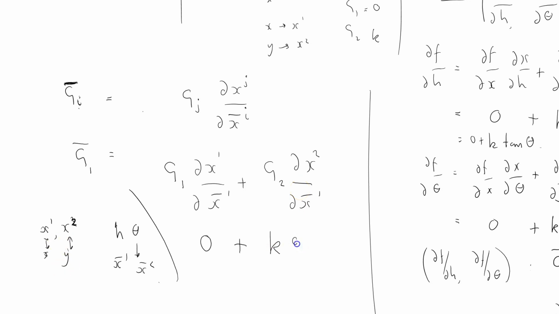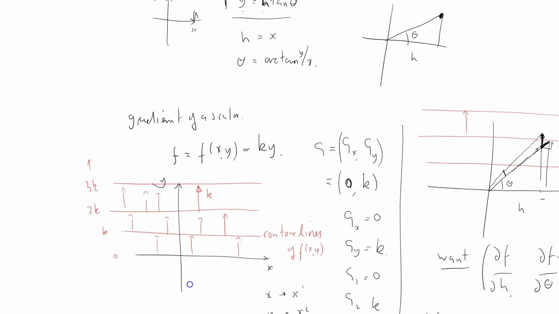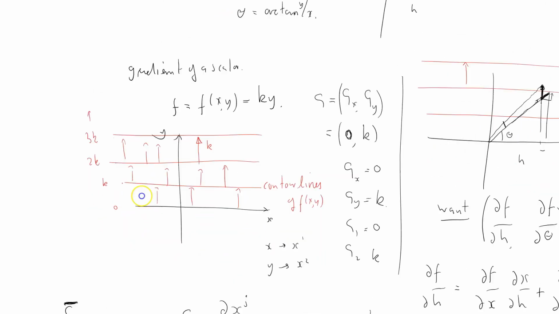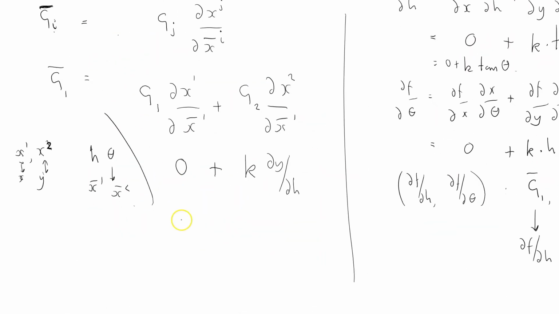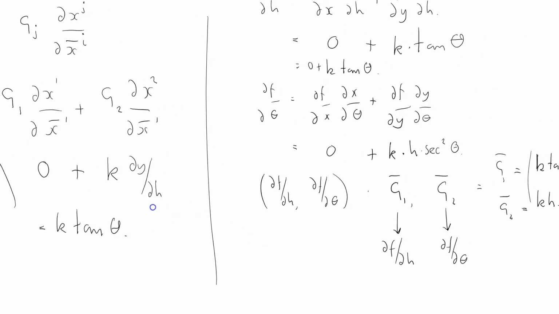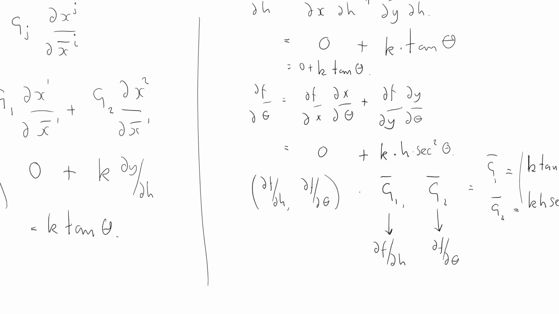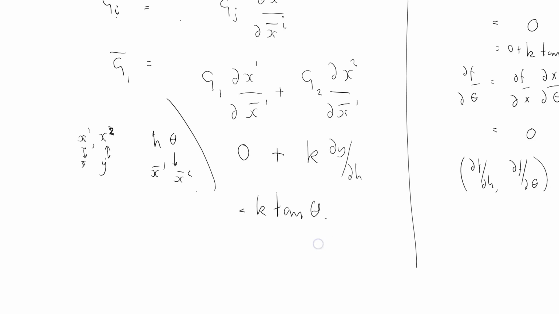It was y, so that's ∂y by ∂x bar 1, which was h. ∂y/∂h was, from this formula here, just tan θ. It's the same thing, k tan θ. So it matches up here. So I can do it directly by doing vector calculus or multivariate calculus, or I can use the conservation law directly. So that's how that transforms.